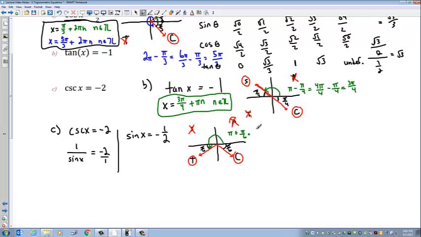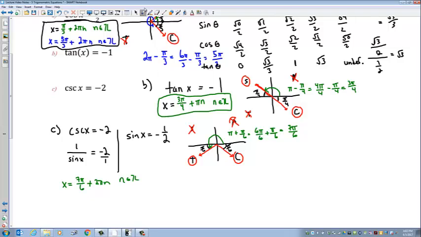So pi is really 6 pi over 6 to get a common denominator, plus pi over 6, which means that first angle is 7 pi over 6. So right here, I'll write x equals 7 pi over 6, and then, of course, plus 2 pi n. N is an integer.